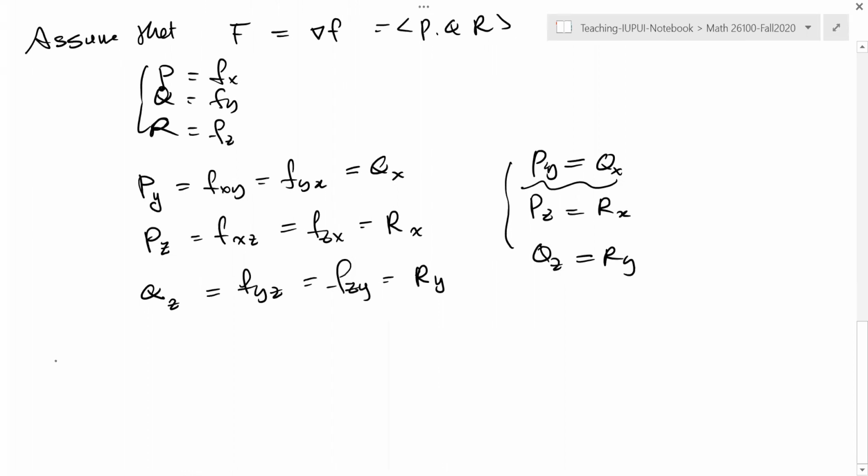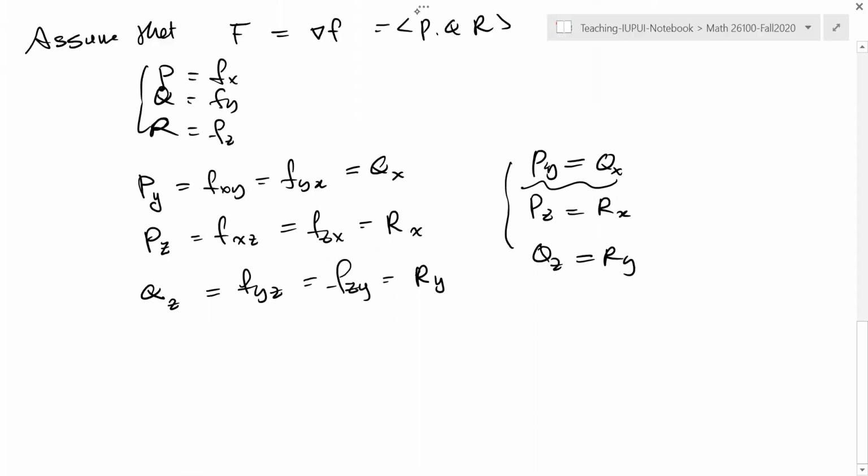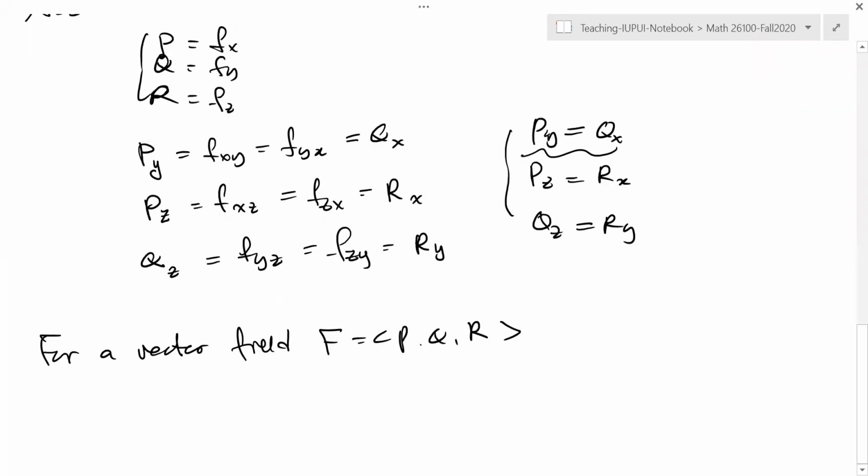So I'm going to introduce a notation called the curl. For a vector field F equals P, Q, R, I'm going to use one simple notation instead of those three equations.